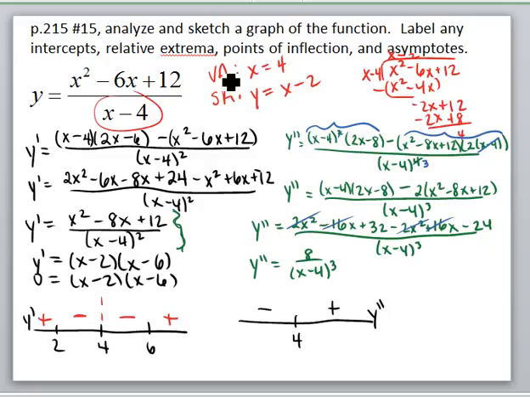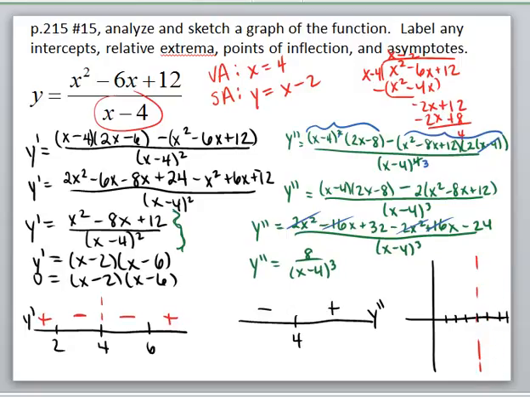I haven't done each of these things, but due to time and the length of these videos, I'm going to go ahead and start sketching this. I have a vertical asymptote at x equals 4.